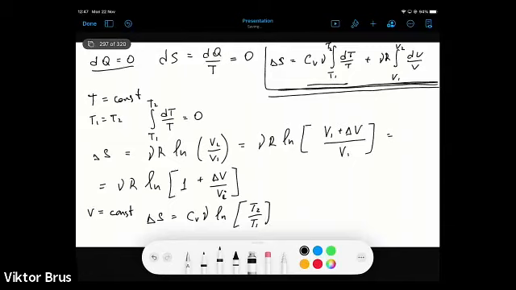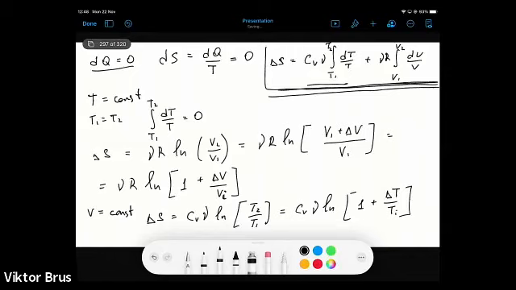And in another form, similar to the previous one, it will be C_V times nu times natural logarithm of unity plus delta T divided by T initial. So these are the equations for calculating the change of entropy during the 4 most important processes in ideal gas.